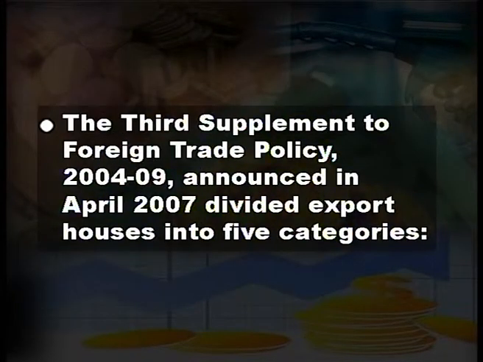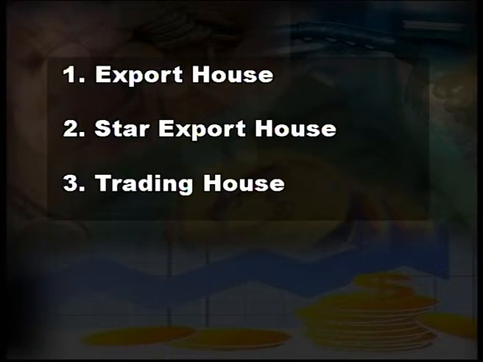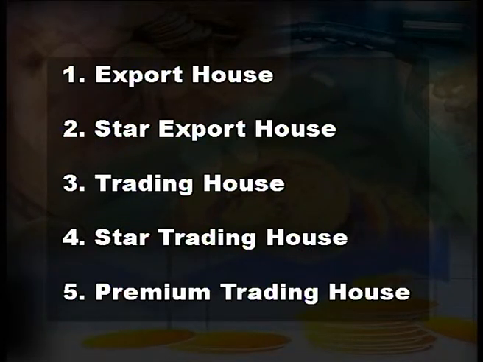The third supplement to foreign trade policy 2004-9, announced in April 2007, divided export houses into 5 categories. 1 is export house, 2 star export house, 3 star trading house, 4 star trading house, and 5 is premium trading house.